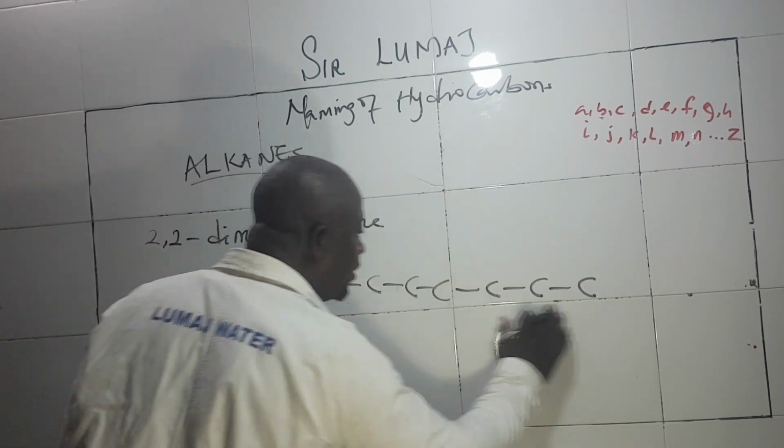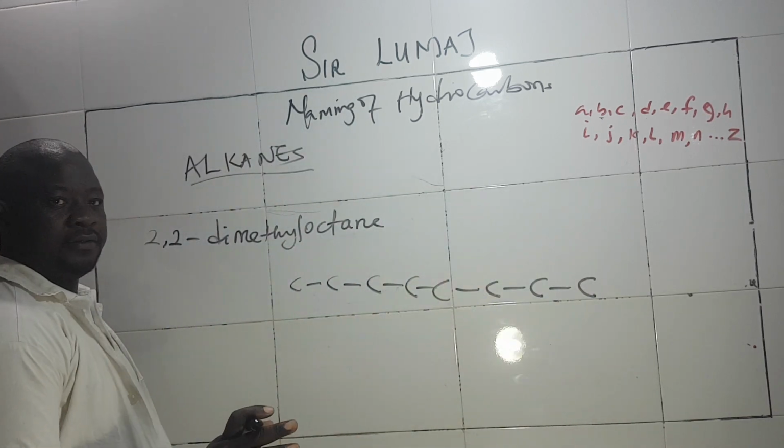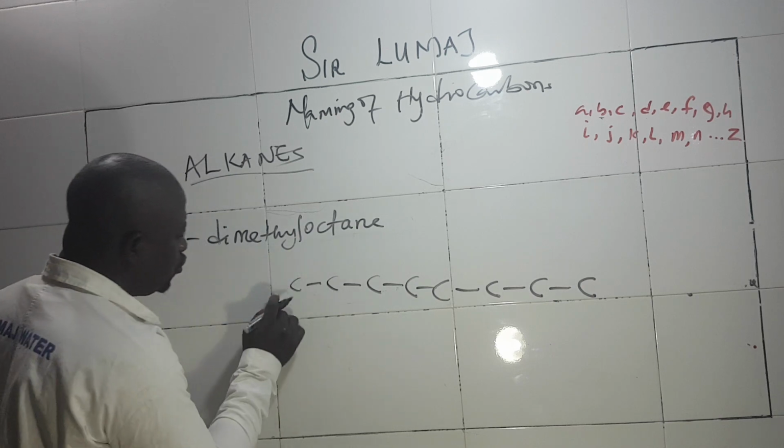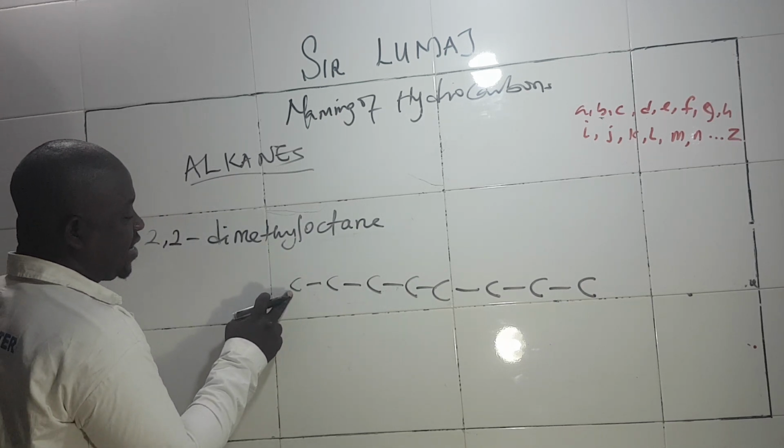You just draw the carbon atoms first. Don't put the attachment yet. Hope that is clear. So how many bonds will each carbon have?